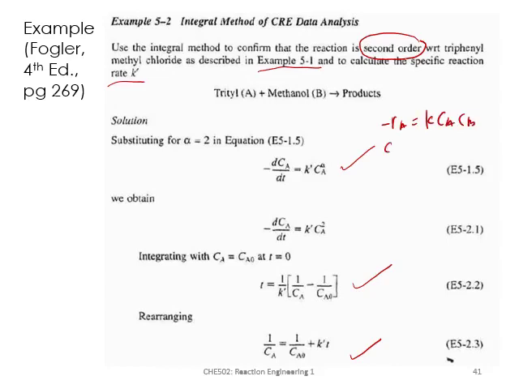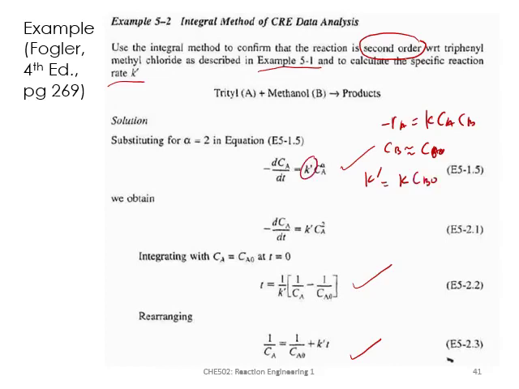Remember, CB is almost equivalent to CB naught, for which the methanol is 10 times higher in concentration compared to the key reactant A. So you are going to simplify the equation to have k prime equal to k CB naught. That's why you have a k prime here.